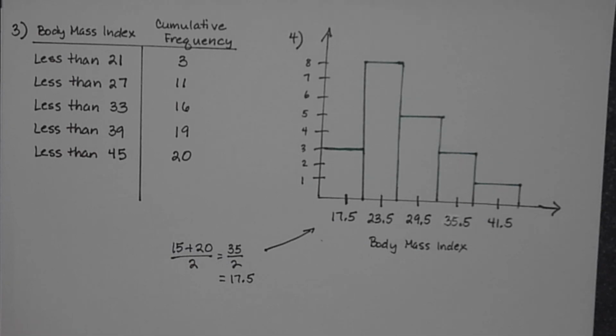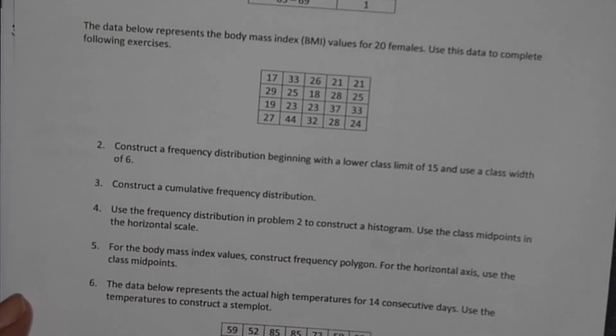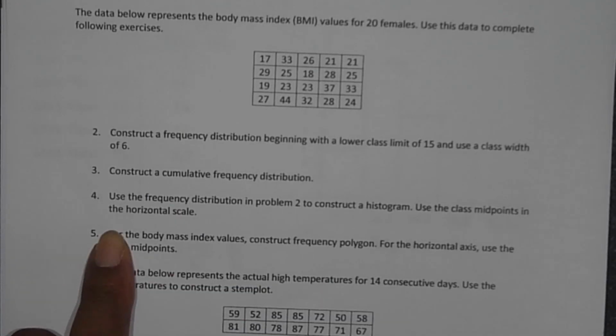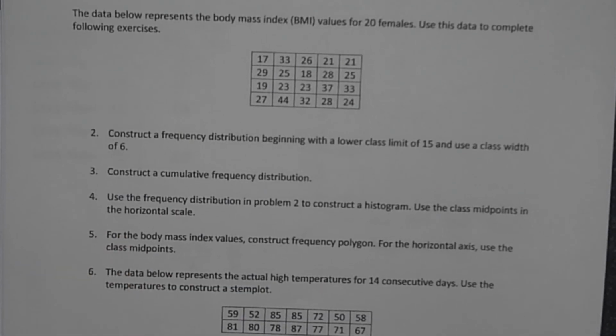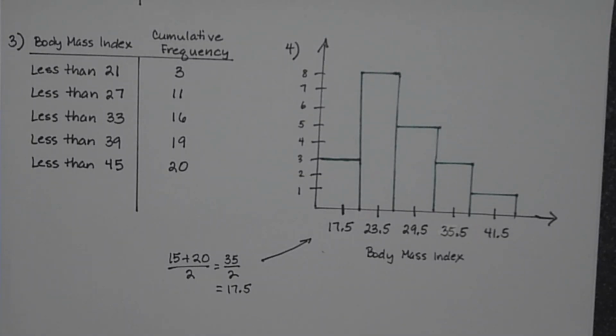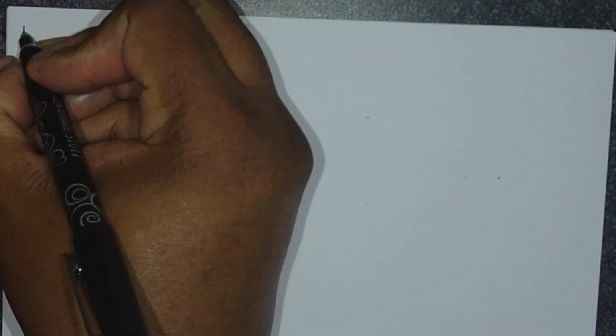Okay. All right, in problem number 5, for the body mass index values, construct a frequency polygon. For the horizontal axis, we're going to use the class midpoints. Okay, so let me move this out the way. Now again, we're going to use the class midpoints here.